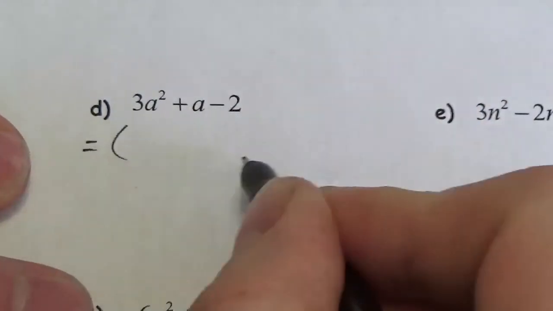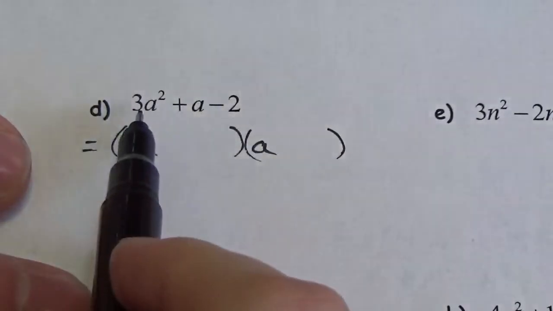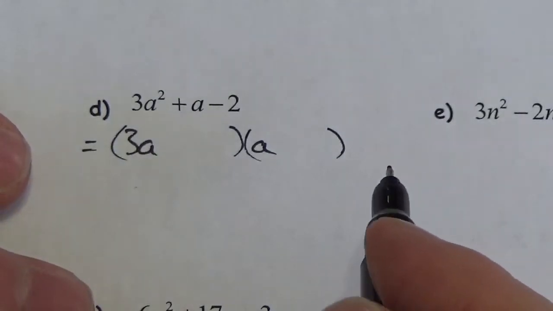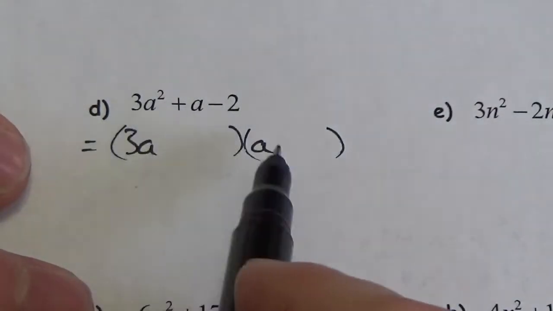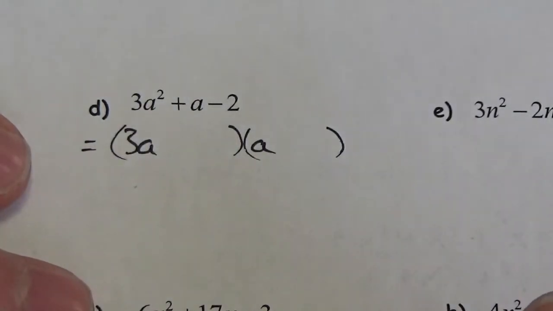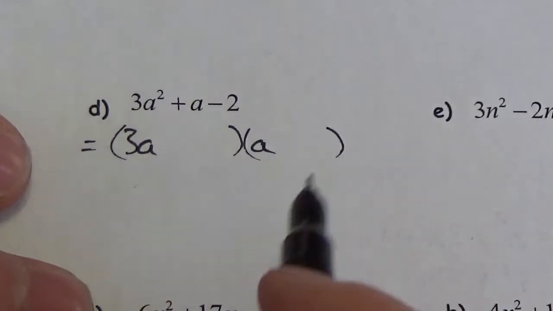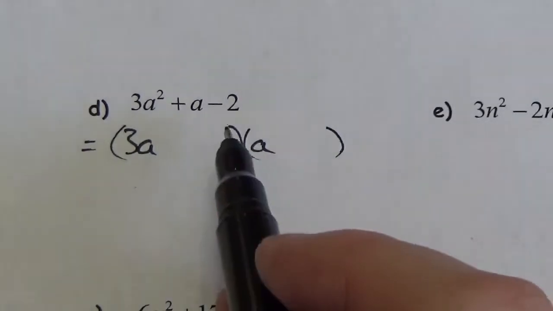Okay, here, 3a and a. And again, I'm doing that because the 3 is prime. Now, this is negative. So one of these is negative. And because this is positive, the larger factor is going to be the positive one. The thing is, because of that 3 there, I don't know which one is the large one. So let's just take a look at this.